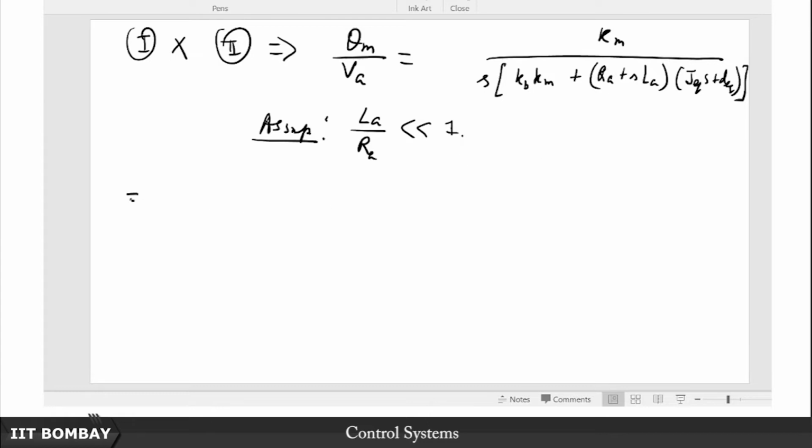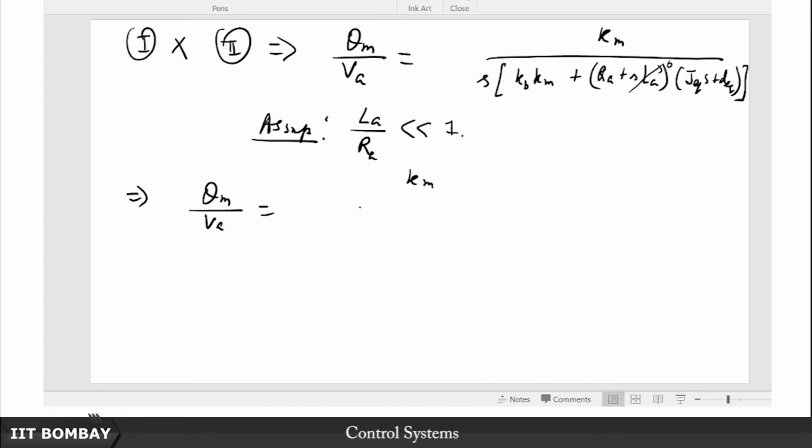So then we have theta m by Va. Remember, this is an assumption, this is not an exact thing, okay, this is an assumption we are making, so we are ignoring this La compared to this Ra, so we are going to just let this tend to 0.